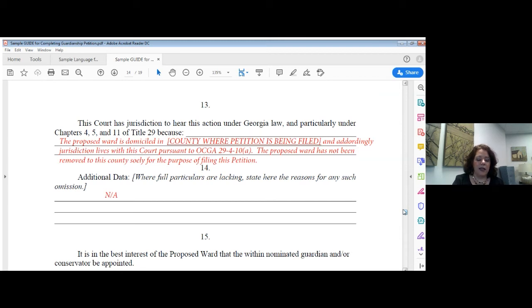Just saying, petitioner has lived with his father for the past 20 years. Mother only sends Christmas cards and, whatever it is, because parents do have some pretty strong rights in guardianship hearings potentially. And so if there's a reason they shouldn't, I want to make that clear. So that's probably the most common thing that I would ever put in section 14. Other than that, we leave it blank. So you can put NA there.